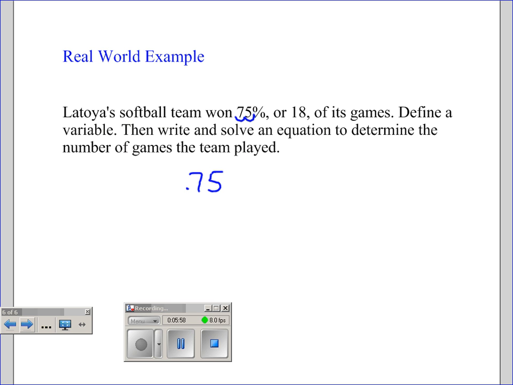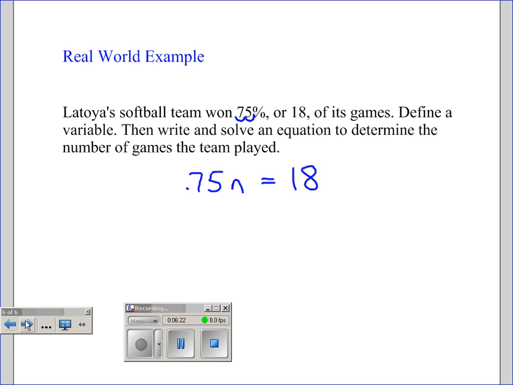Her team won 75% of some number of games, so we make a variable for the number of games: n. Them winning 75% of n games resulted in 18 wins. So now we have to solve for n to see how many games her team played. Once again, we have a coefficient in front of a variable.